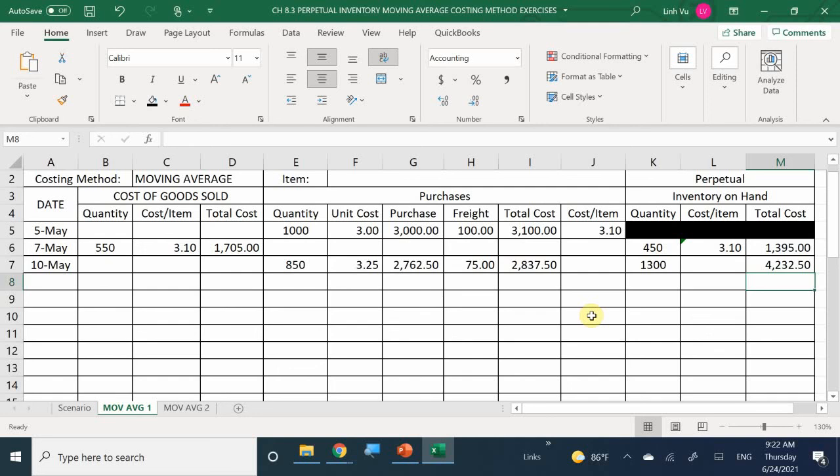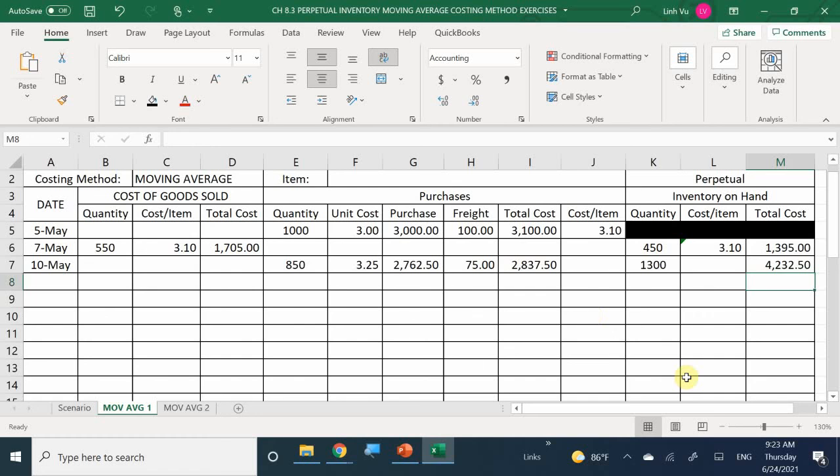So now I need to recalculate my average cost per item. And you know what makes it even easier if you're using Excel? You can drag that formula all the way down. So then every time you enter information in here, it will automatically calculate it for you. But I'm going to go one at a time.